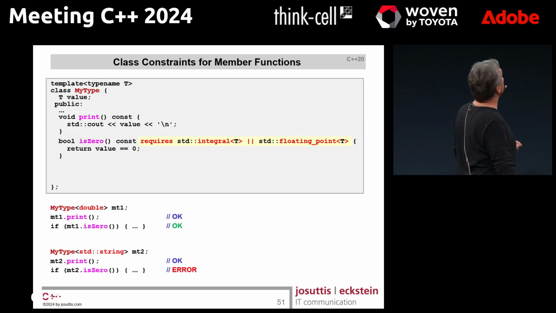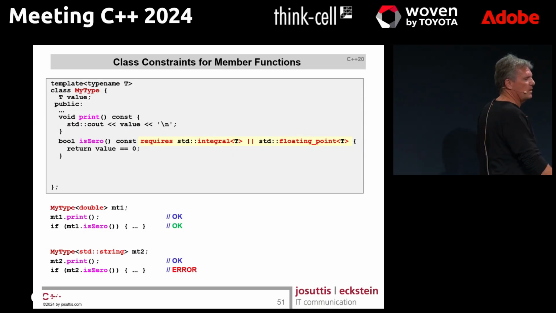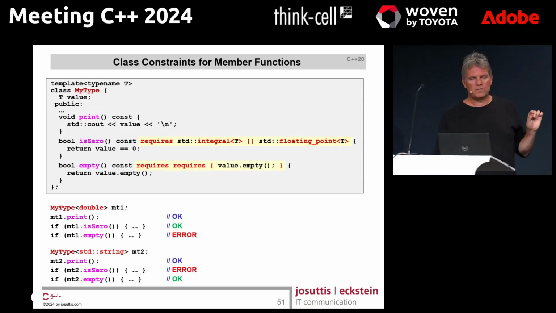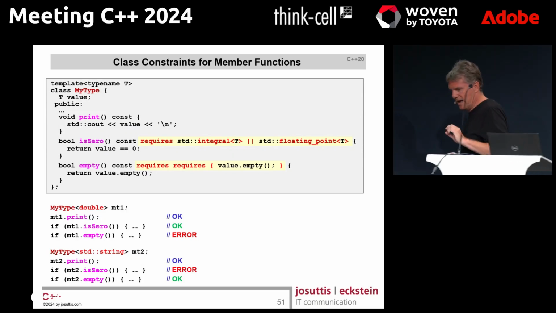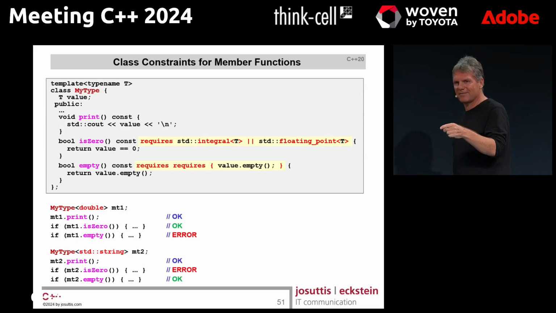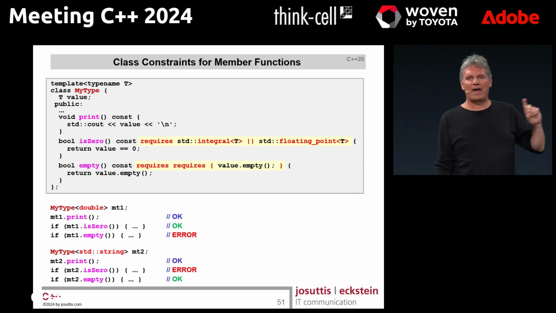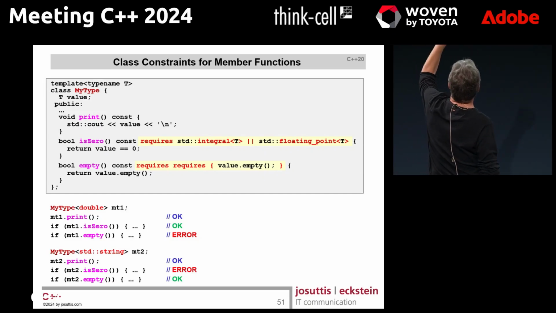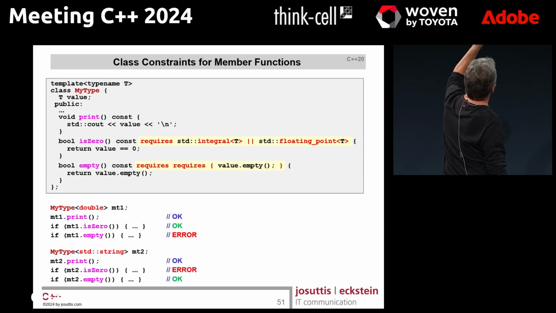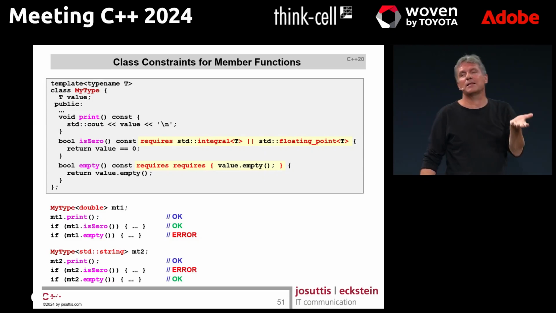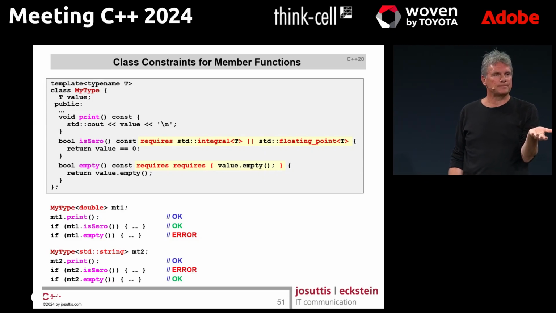And a very interesting feature is this. We use it a couple of times, which is my type has only empty if the passed type has empty. So that says, look at that. Empty is provided, there's a constraint, it's only provided if the value of type T has a valid member function called empty.